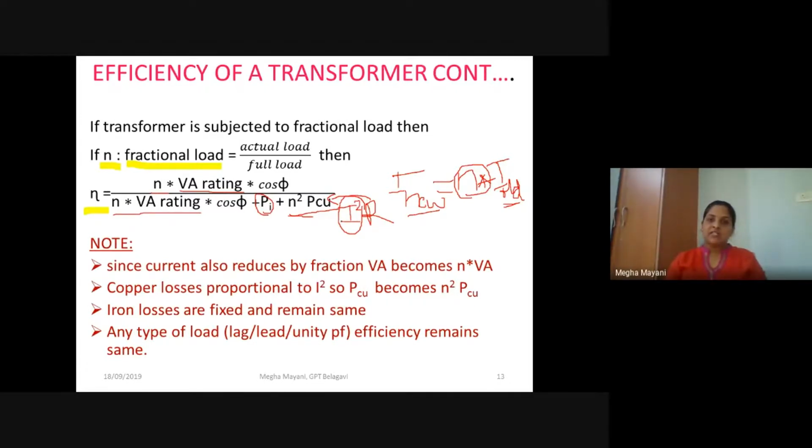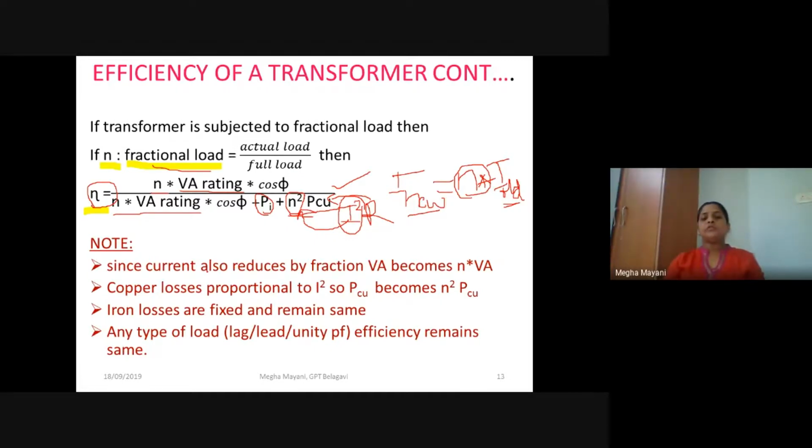Hence, we get n square multiplied by the full load copper loss PCU. Here the current reduces by the fraction we have changed across the load, and since copper loss is proportional to I square, we get an n square term. So the efficiency expression for the fractional load will be given by this new expression.